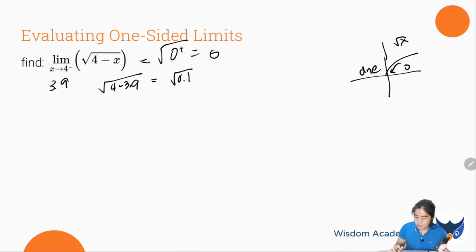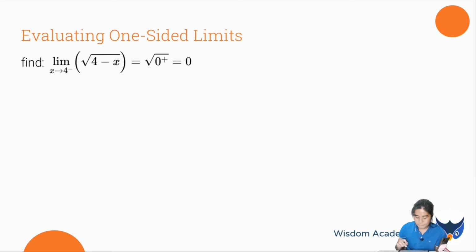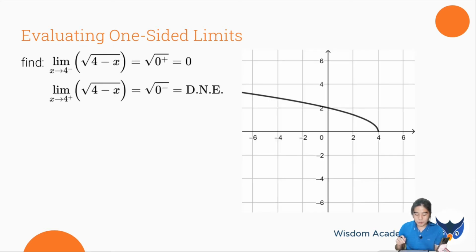Paano naman if the other case? Ayan. Sa other case, kapag naman from the right tayo titingin, so, makikita rin natin to kapag mag-substitute tayo ng value na greater than 4 pero near 4. For example, 4.1.